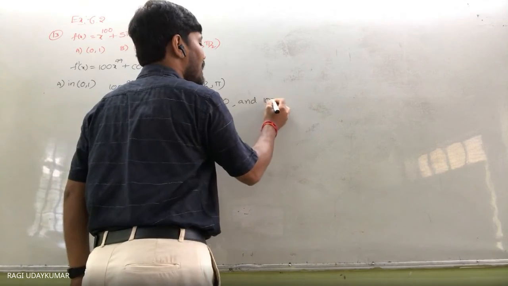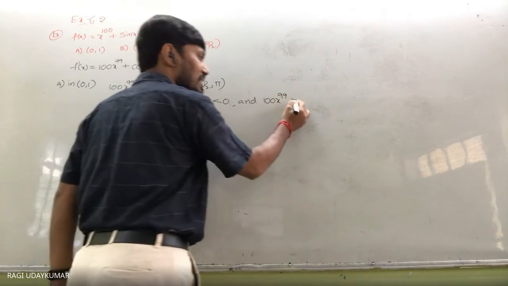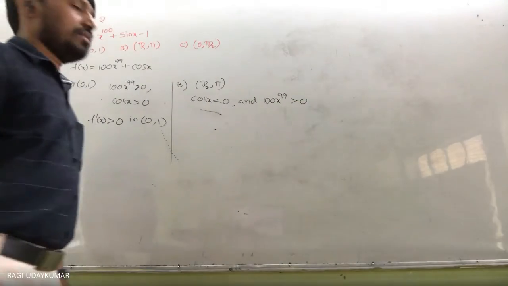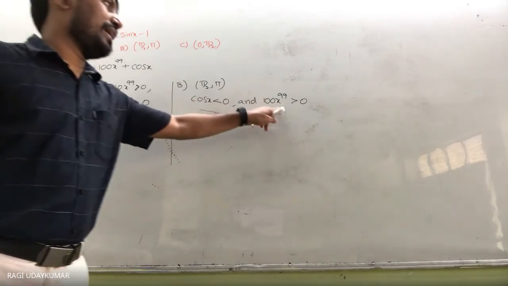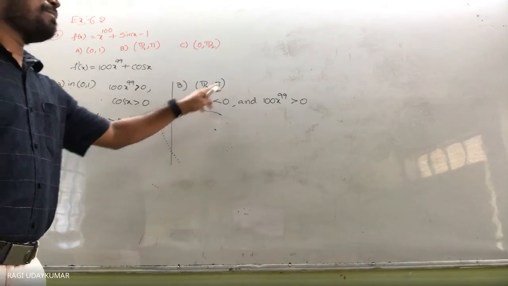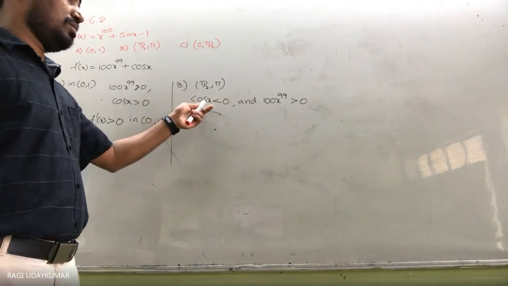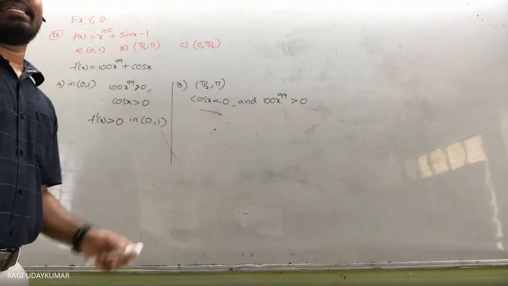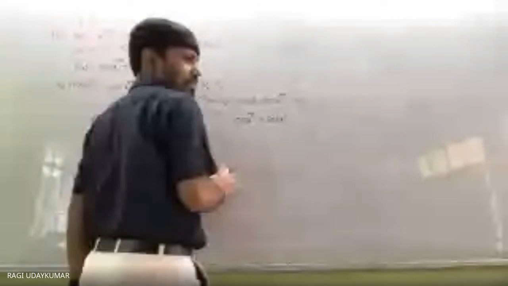And 100x power 99, what are these values? They are positive values, compulsorily greater than 0. So this is positive, this is negative. Adding the negative to the positive, this value is always greater than 0, and also you can say that 100x power 99 is always greater than the cos x in this interval whenever you are taking.